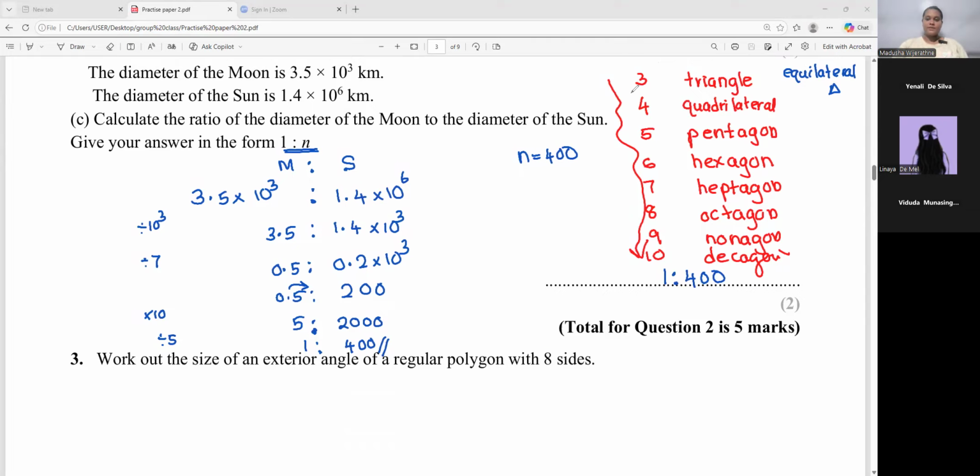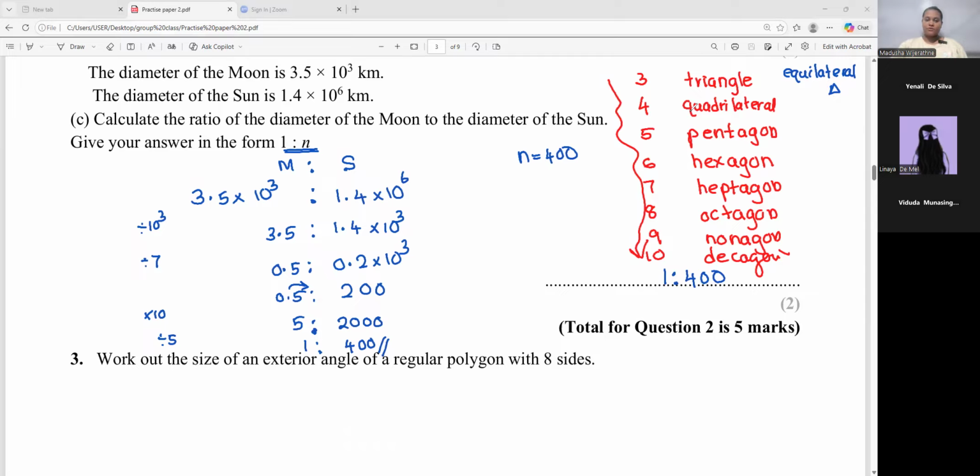Then we have 2 other types, isosceles triangles and scalene triangles, and another 3 types depending on the angles: acute angle triangle, obtuse angle triangle, right angle triangle. So that depends on the size of the angle and the length of the sides: equilateral, isosceles and scalene. The equilateral triangle is the regular one.